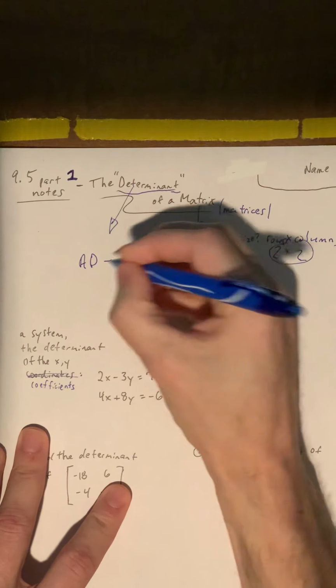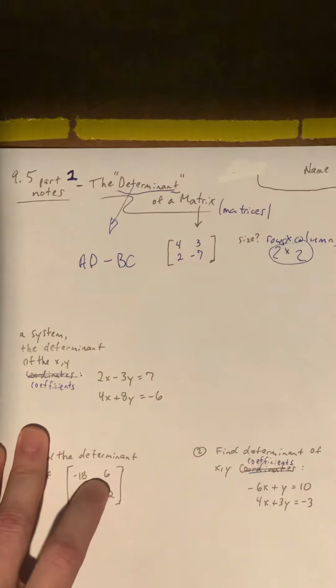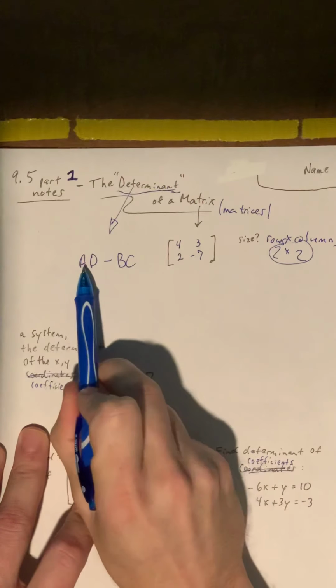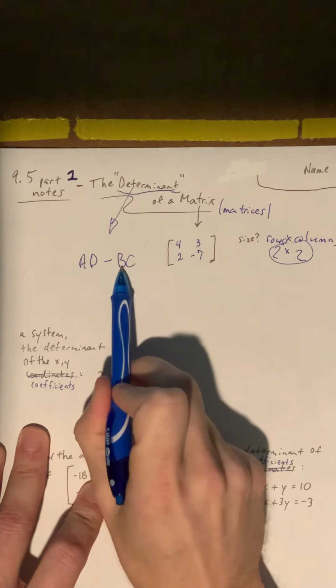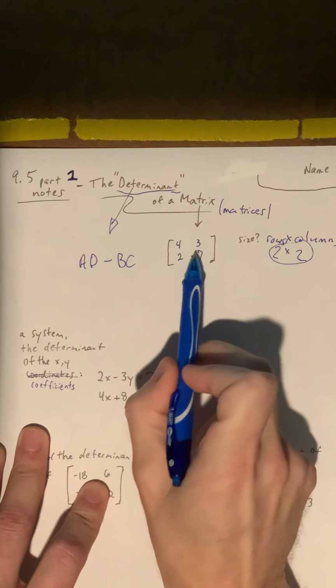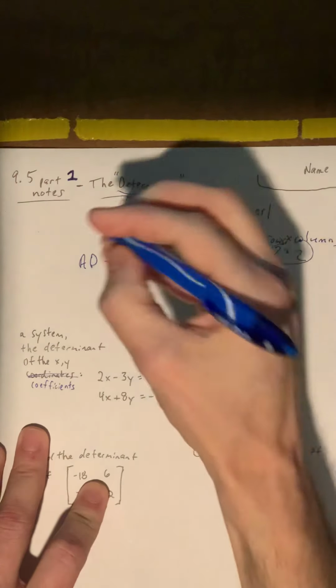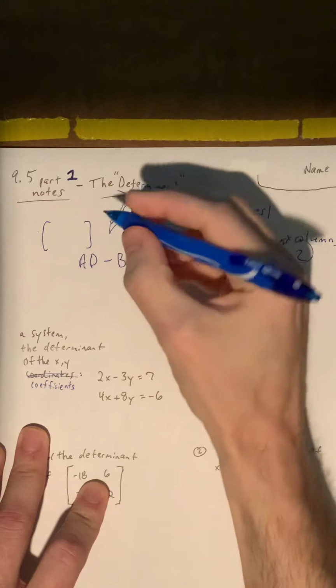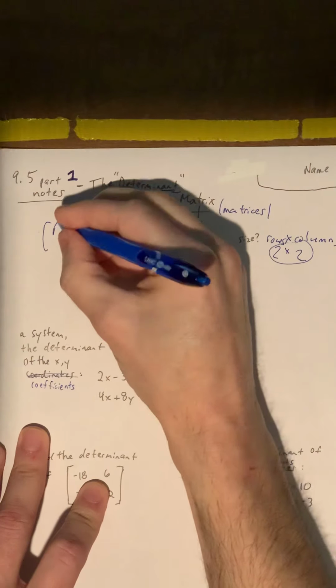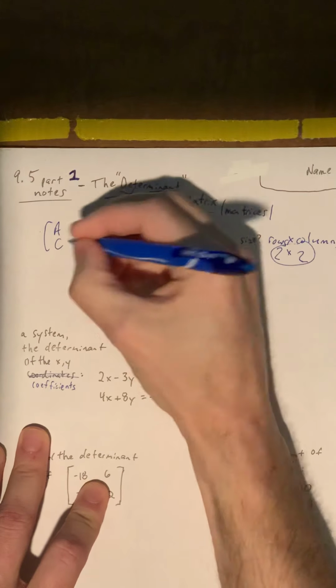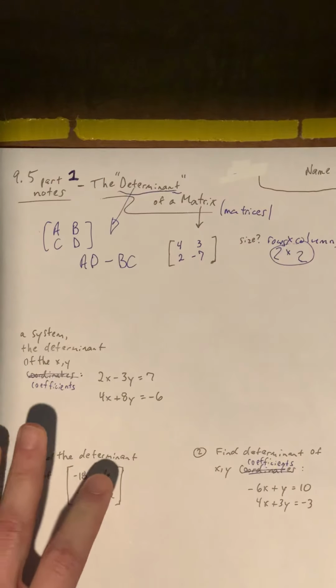A times D minus B times C, okay? So these 4 letters or variables stand for the 4 numbers in the matrix. And in the 2 by 2 matrix, A and B are the numbers up top, and C and D are the numbers on the bottom.